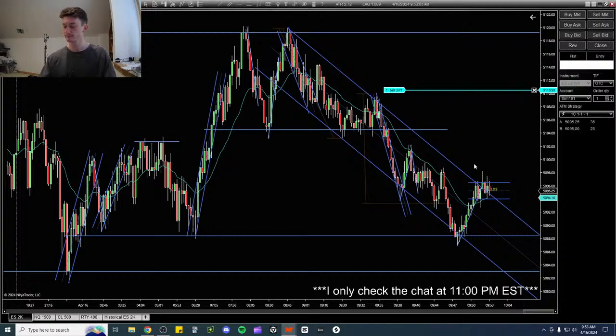Congestion there. Possible failed second entry. So let's say if we get a push outside of this congestion, a pullback to create a failed second entry.